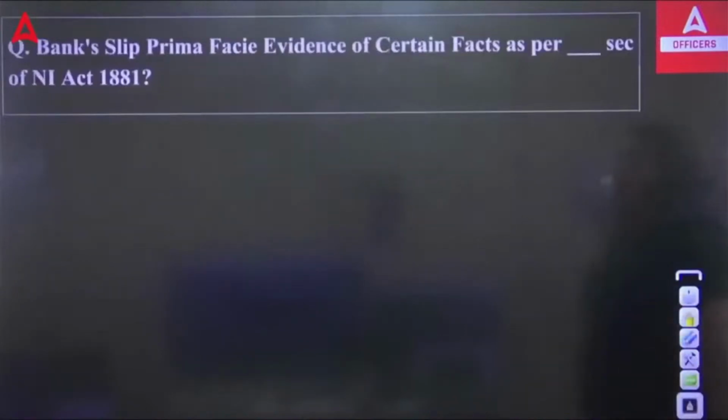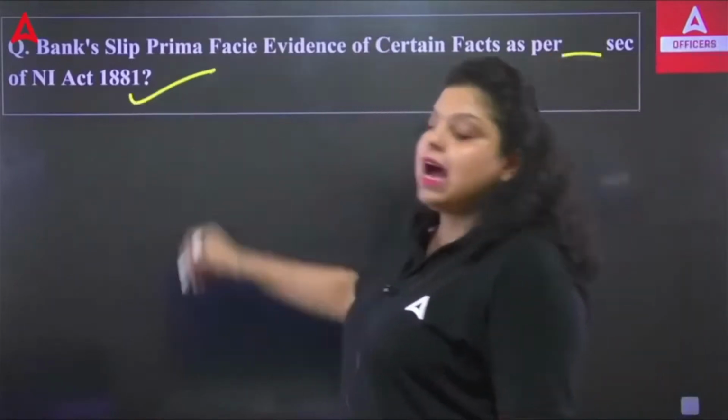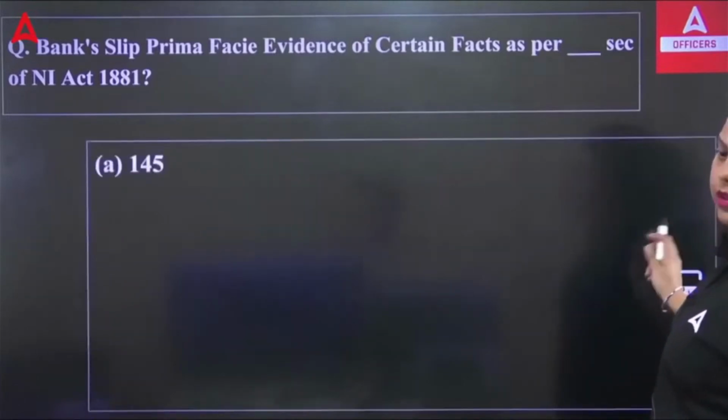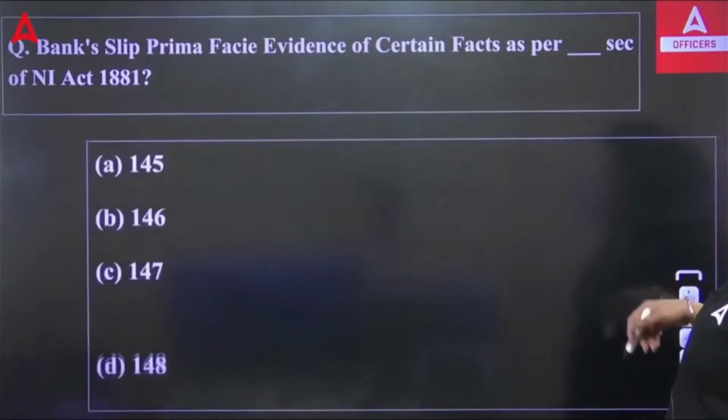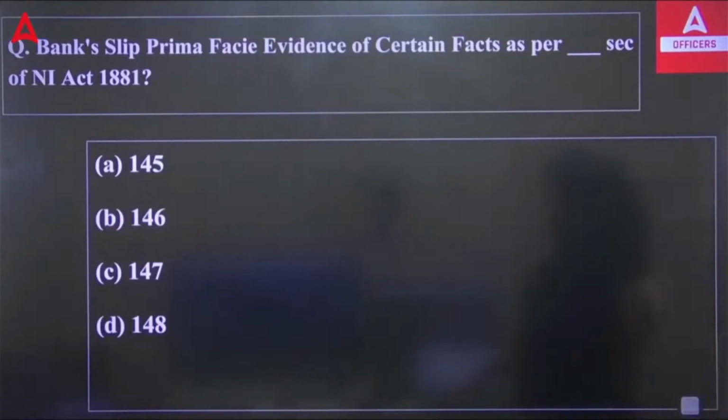Now, bank's slip is prima facie evidence of certain facts as per dash section of NI Act 81. And we have section numbers 145, 146, 147, 148. So under which section are we talking about this? Bank's slip is prima facie evidence of certain facts as per which section of the Negotiable Instrument Act?